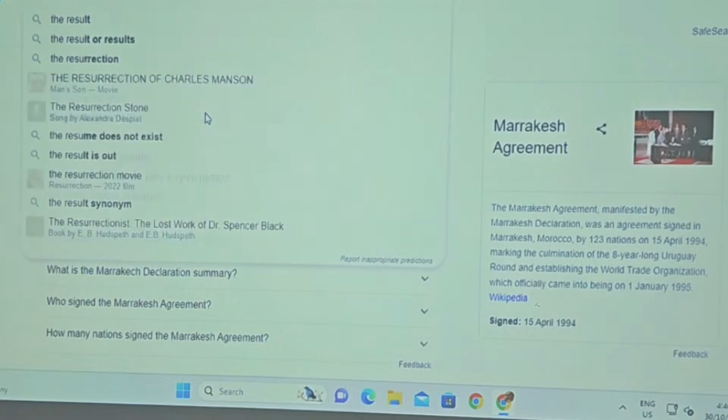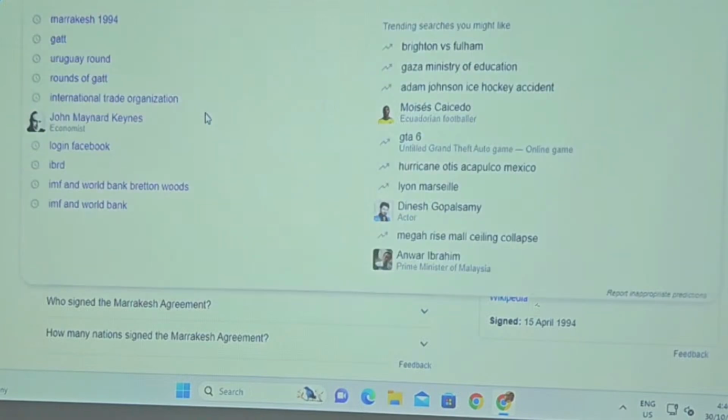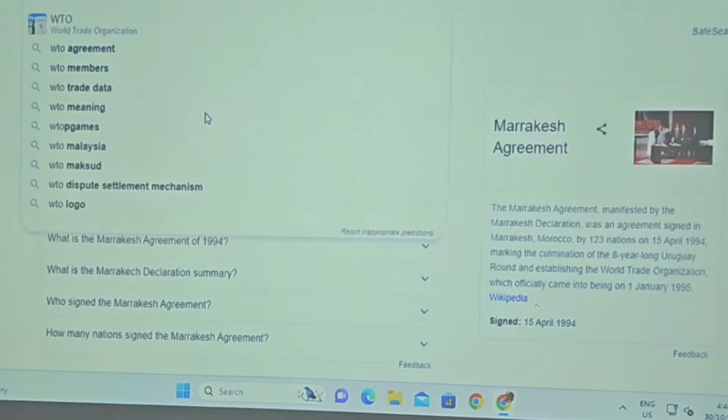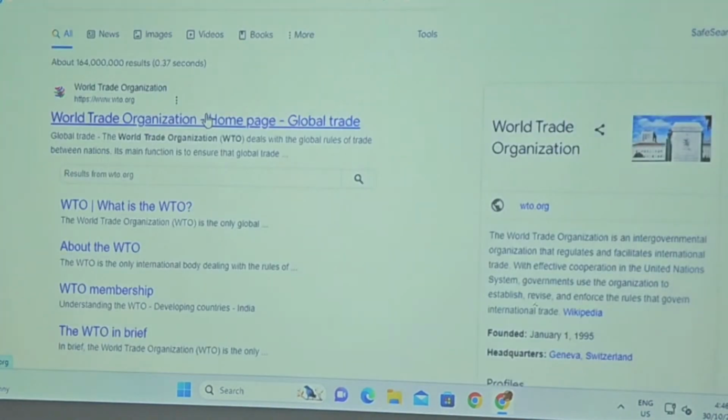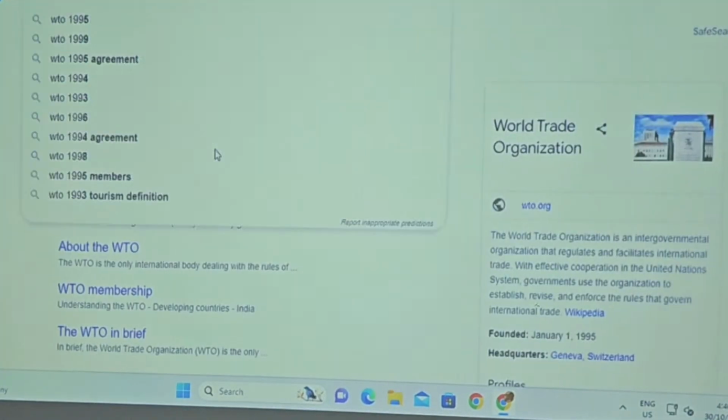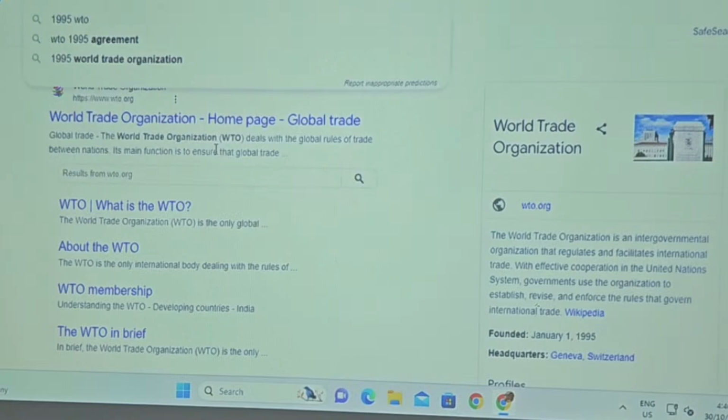I forgot the full name, but the creation of WTO, January 1st, 1995.